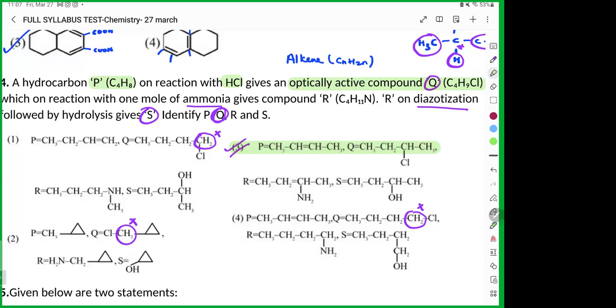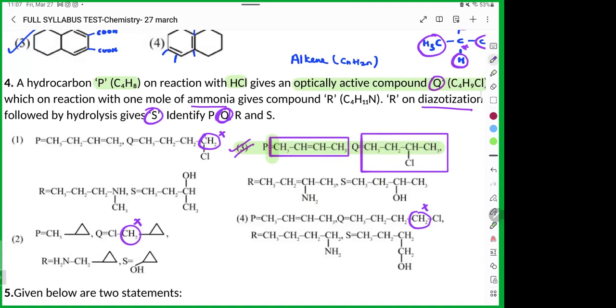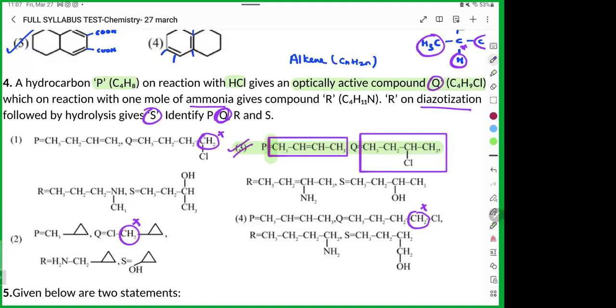Right? So if you take this molecule, this is P, 4 carbons and an alkene. Then add HCl, Markovnikov rule. Then you react with ammonia. Q on reacting with 1 mole of ammonia gives R, the amine.